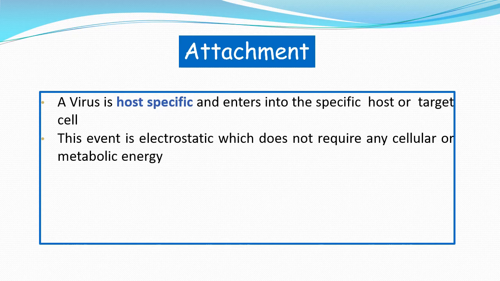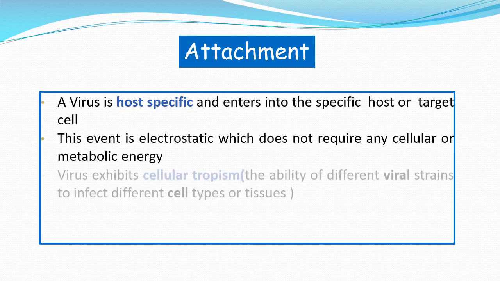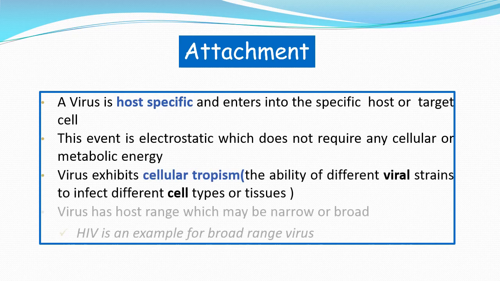That means the ability of different viral strains to infect different cell types or tissues. Virus has a host range which may be narrow or broad. For example, HIV is an example of a broad range virus.